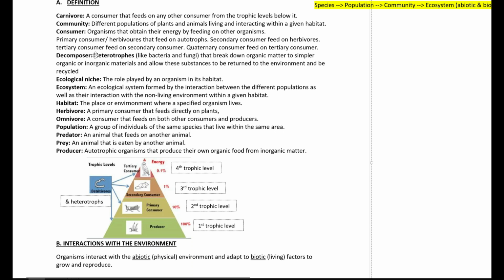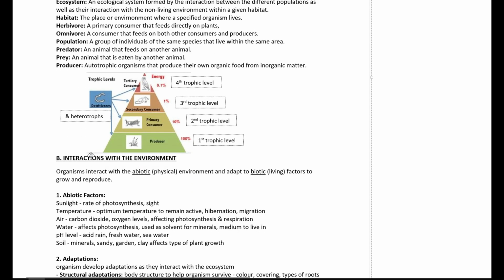Do bear in mind the term producer is called autotrophic. Anything that does not produce food on its own, such as herbivores, omnivores and carnivores, does not produce food on its own. Decomposers also do not produce food. All these are classified under heterotrophs. Producers are autotrophic, so they can produce their own food. The first trophic level is the producer, and the second trophic level onwards are the consumers.